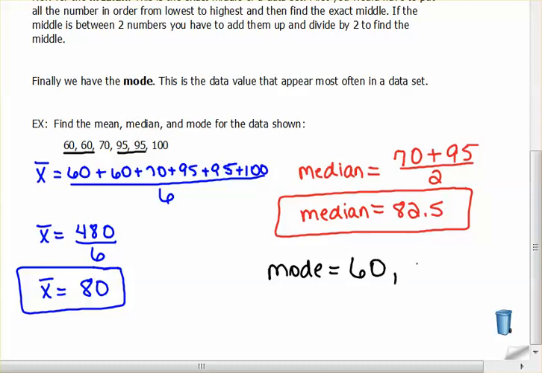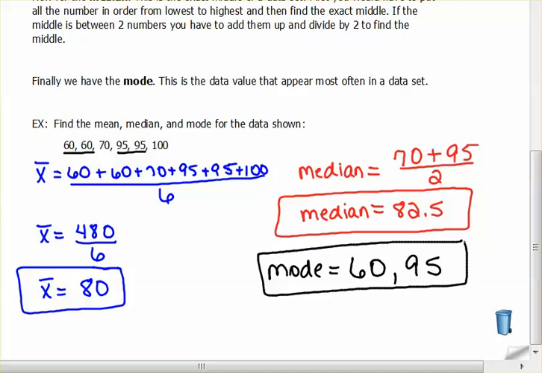It is possible for a data set to have more than one mode. This is called a bimodal data set, bimodal meaning it has two modes. Generally, though, you just have one, whichever appears the most times. But in this case, we had a bimodal set.